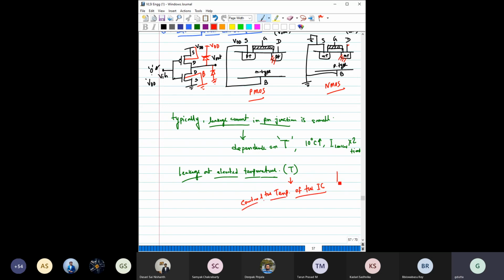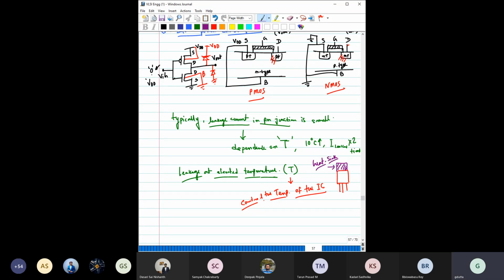That's why you have seen different packages of these ICs, particularly for power devices, the devices handling higher power. You have definitely seen that they come with a heat sink, a big metal thing that has been connected.